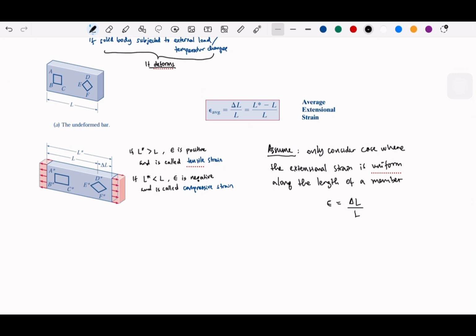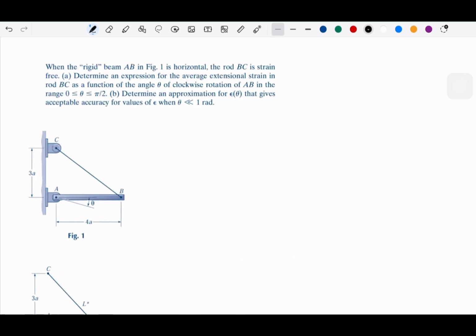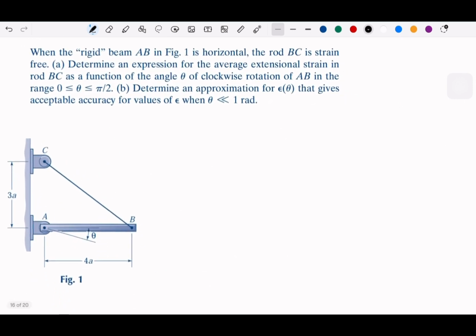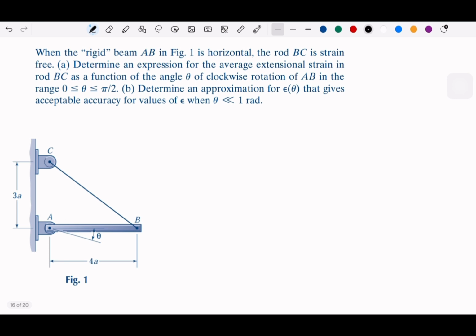There are some examples which I need to discuss. One example here is this one. We have the rigid beam AB as shown in Figure 1. Figure 1 is horizontal. When the rigid beam is horizontal, the rod BC is strain free, which means it's normal. Nothing happened.